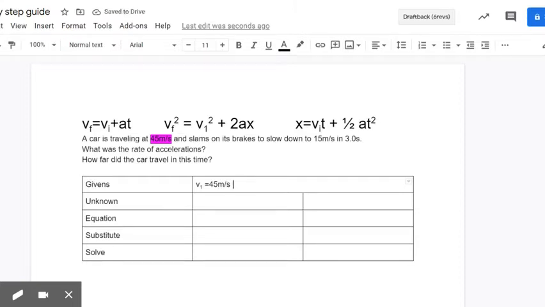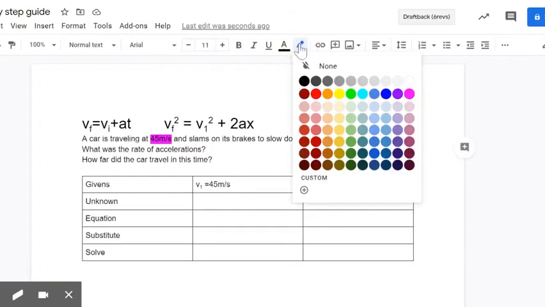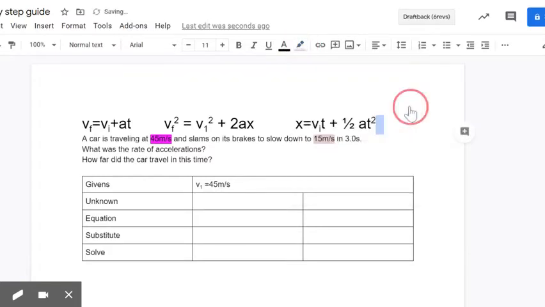The next thing I come across is it slams on its brakes to slow down to 15 meters per second. Please notice it has the exact same unit on it. It's meters per second. And I know when I see a VI, I think I should probably be able to find my VF, and that's what came next.